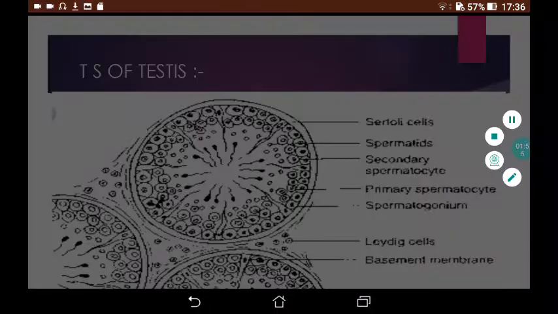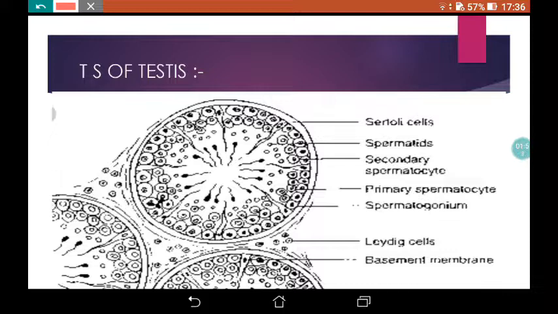Inside the seminiferous tubule you can simply find that it is surrounded by epithelial tissue. Okay, so that's why you find the presence of a basement membrane.